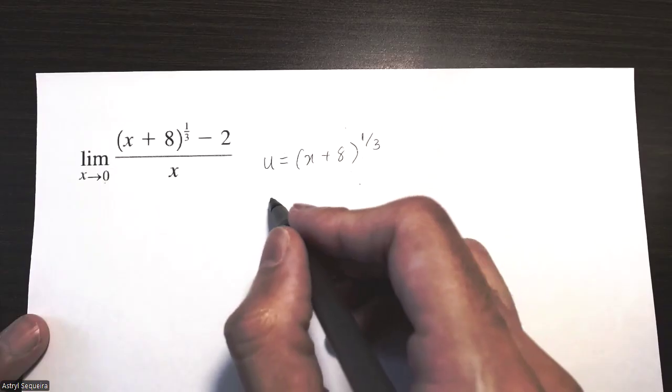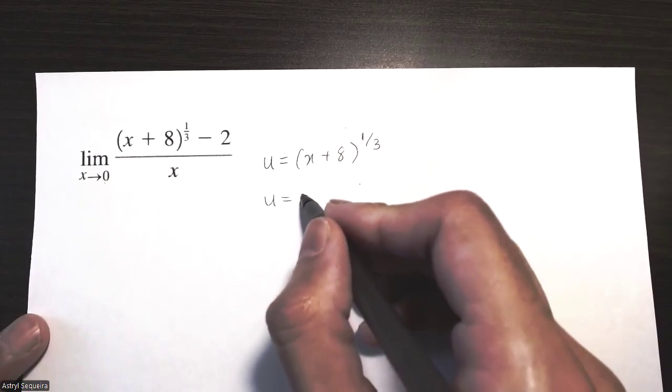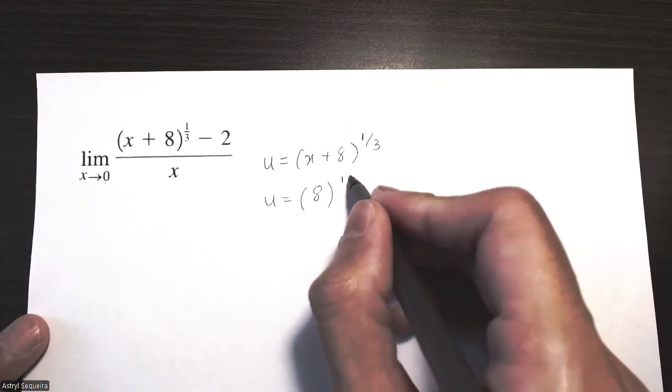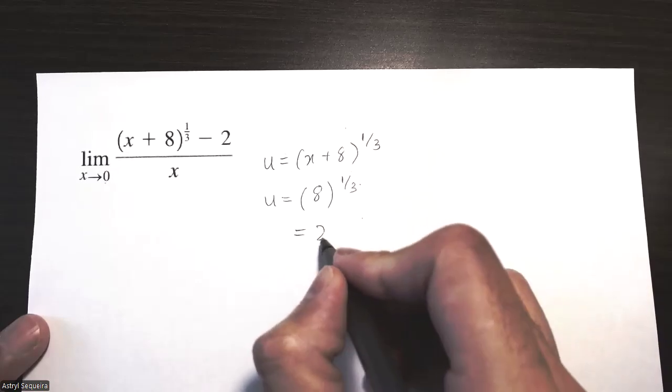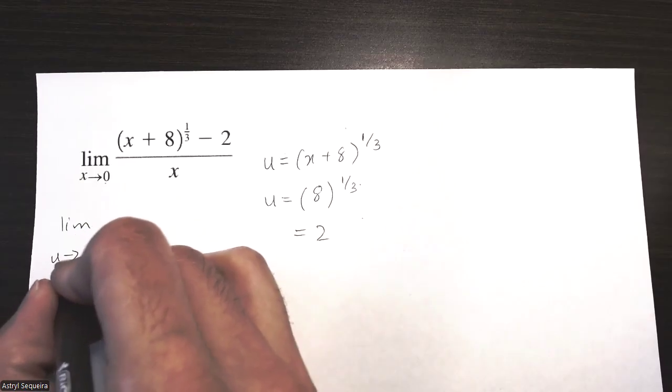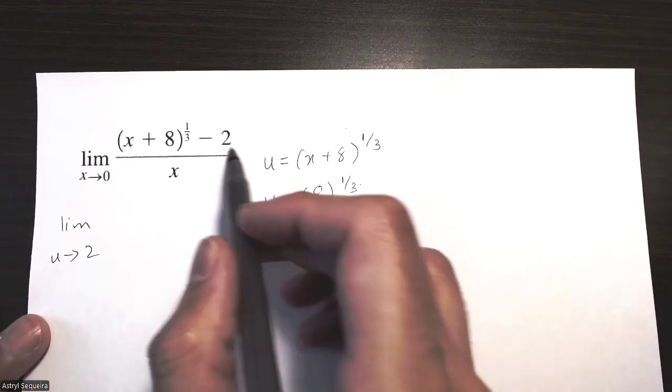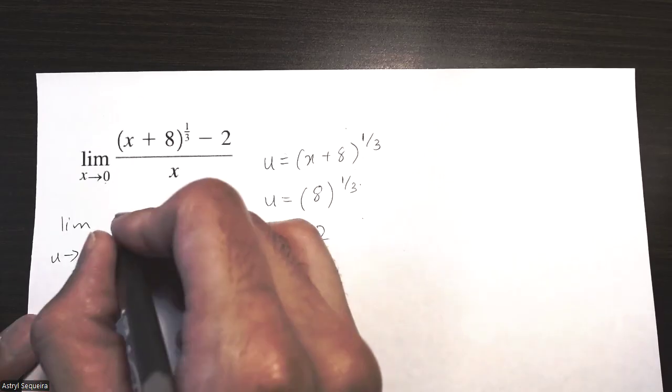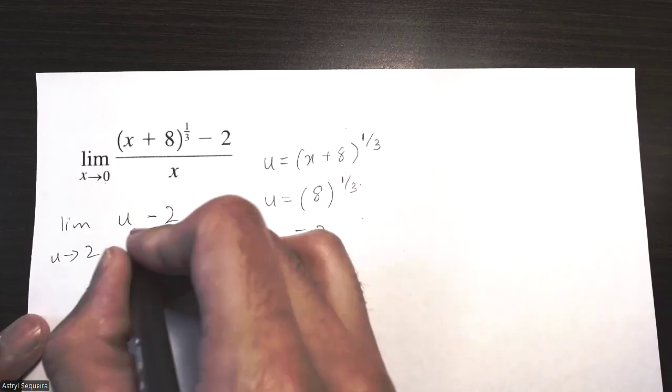Sub in my limit of 0. So that's just 8 to the power of 1 over 3, which is 2. So lim u approaches 2. I can replace that whole thing over there with a u minus 2.